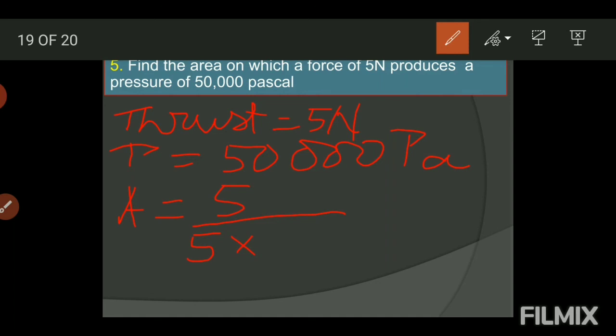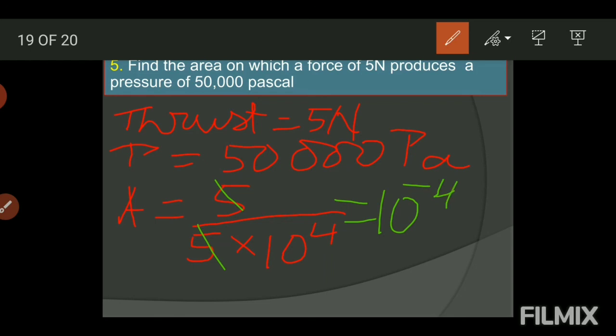Now what I do is, I write 50,000 as 5 into 10 to the power plus 4. So the area is 5 over 5 into 10 to the power 4. Now you can see here 5 and 5 get cancelled and our answer comes 10 to the power 4 is in the denominator.